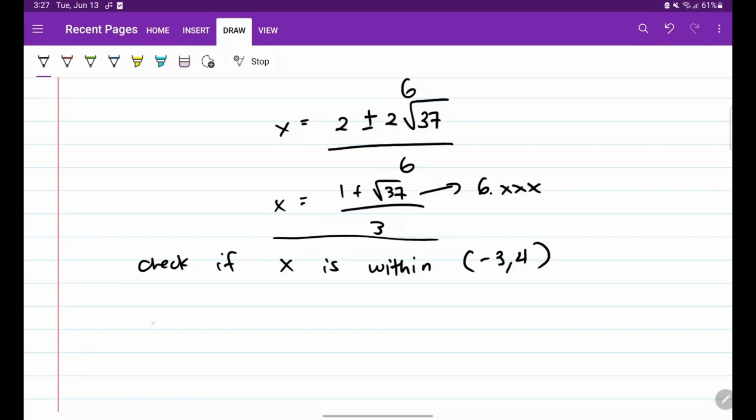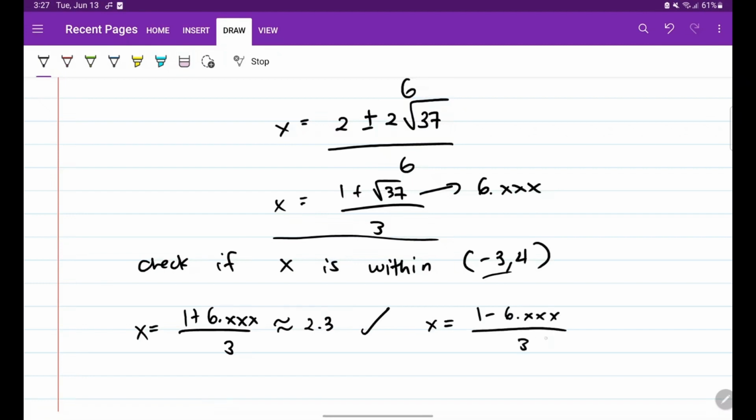So this would be x is equal to 1 plus 6 point something divided by 3. So this is around 2.3. So pasok siya sa range ng negative 3, 4. And yung isa is 1 minus 6 point something divided by 3, which is around negative 1.6. And again, pasok siya dun sa ating range.